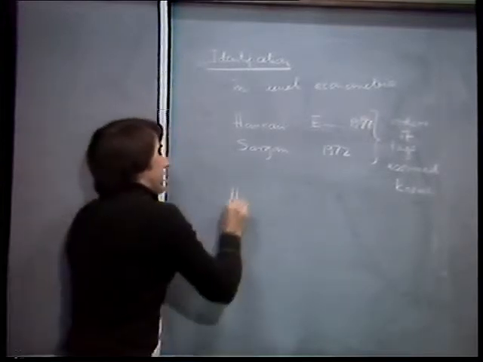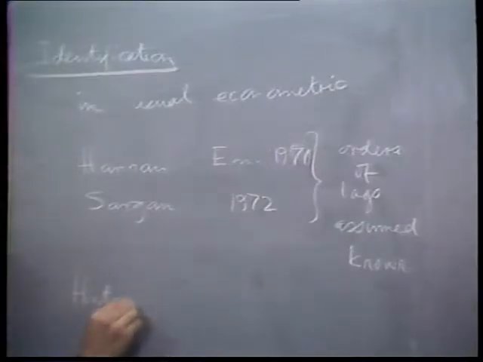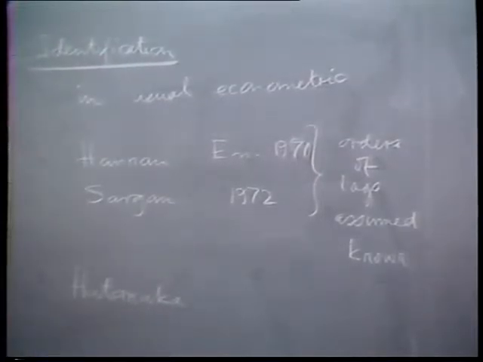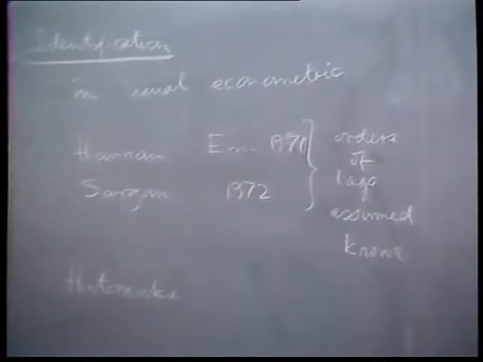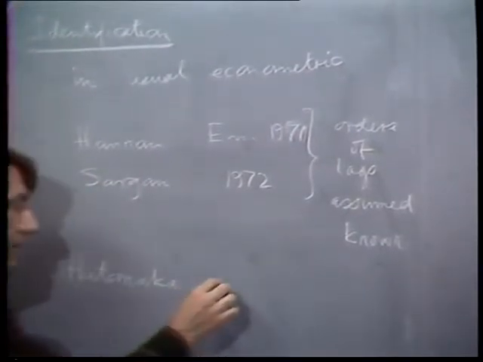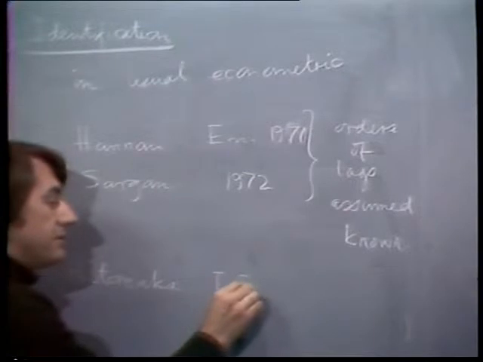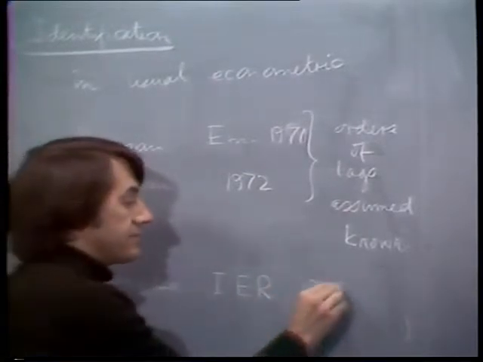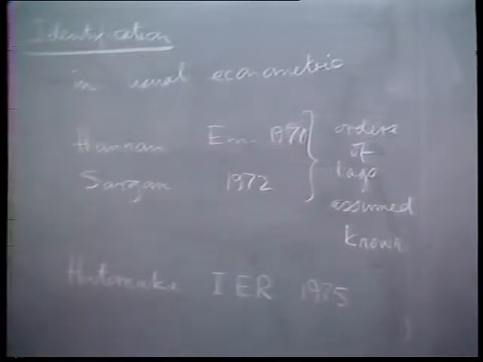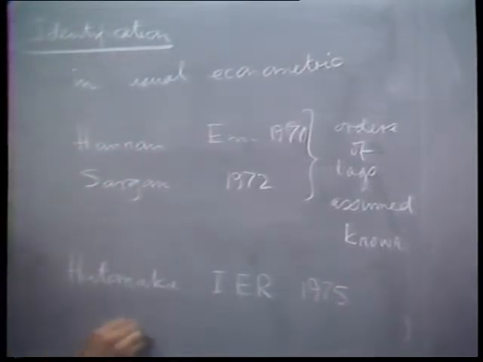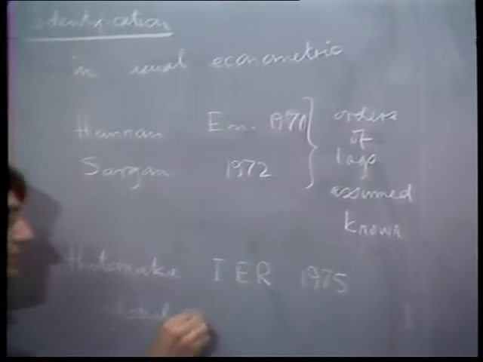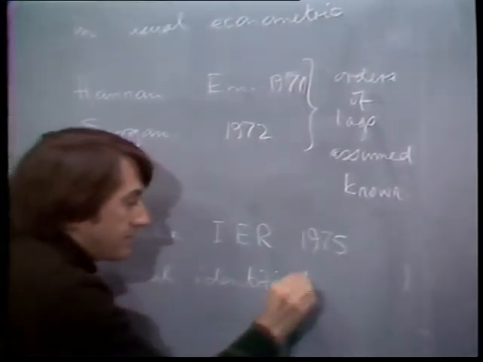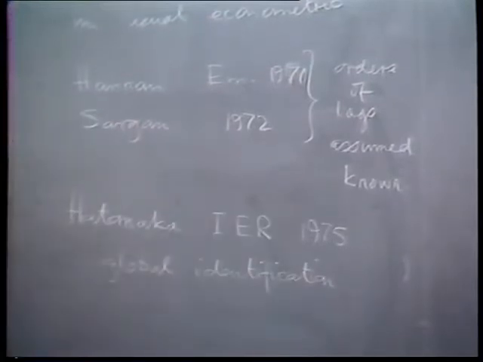Well, there's only one set of results for that case, and those have been obtained by Hatanaka in the International Economic Review in 1975, when he discusses what he calls global identification.